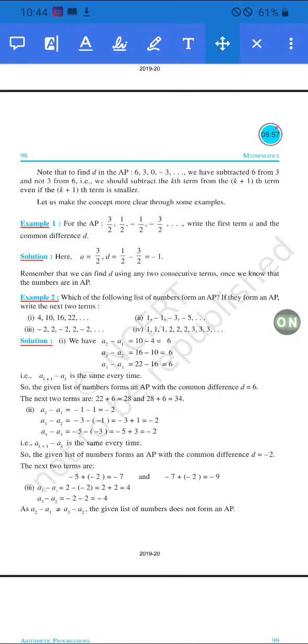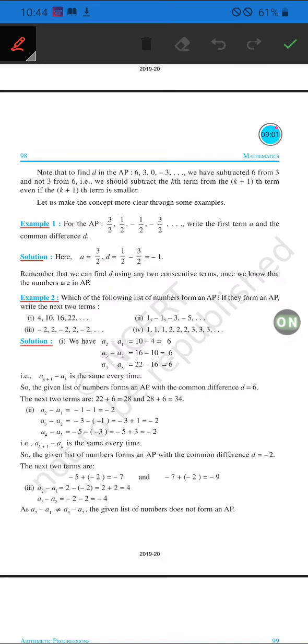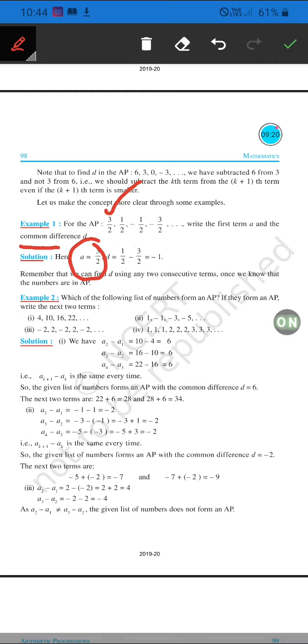Next we go through example 1. For the AP 3 by 2, 1 by 2, minus 1 by 2, minus 3 by 2, write the first term A and the common difference. The first term is 3 by 2. What is the common difference D? While finding the common difference, we write A2 minus A1.